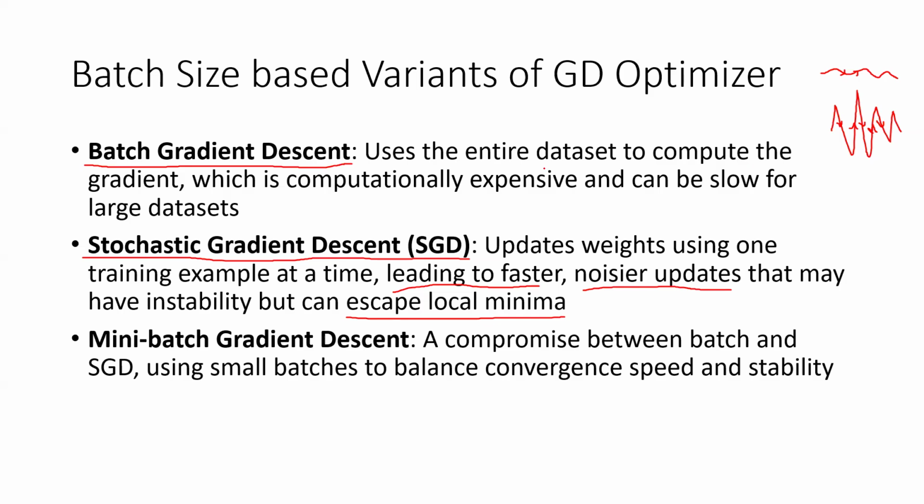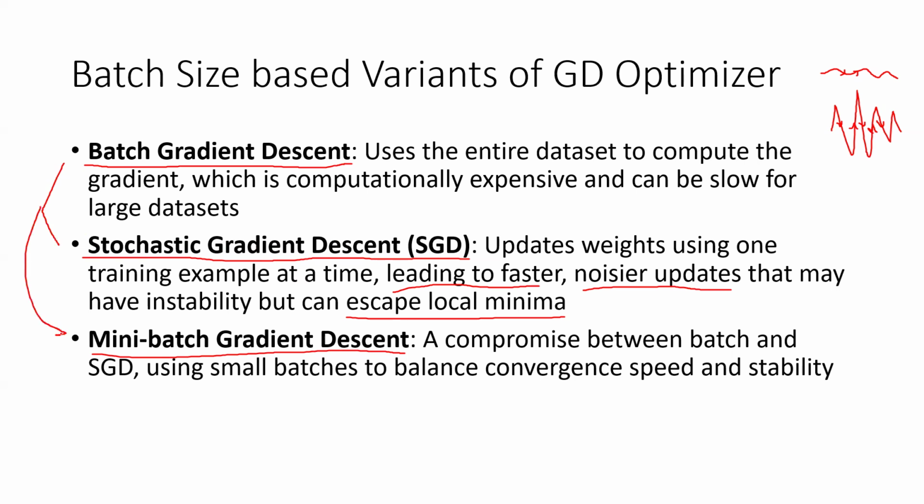In that case, you can use not a single data point for each update, but use a mini batch, right, of data points for updating the parameter. So that is known as the mini batch gradient descent, which is an intermediate strategy in between batch gradient descent and stochastic gradient descent, right?